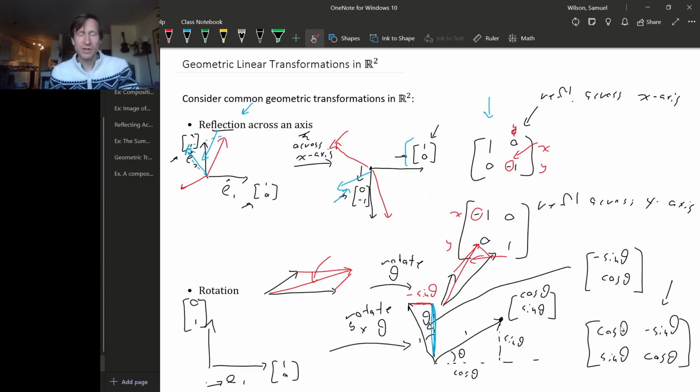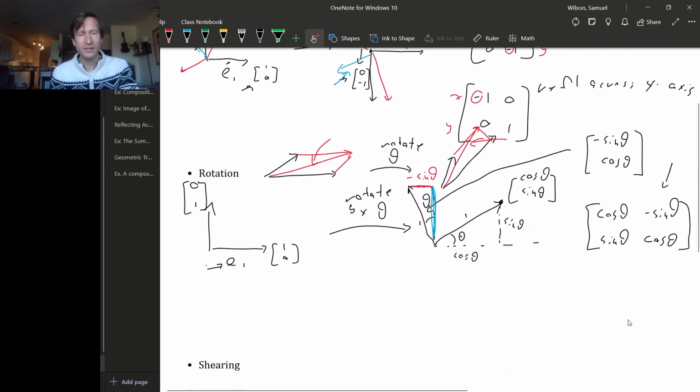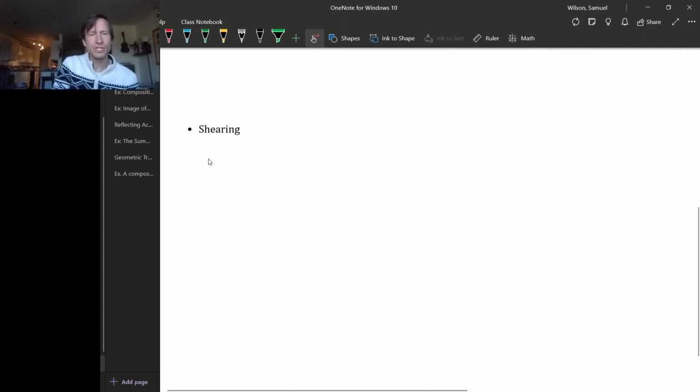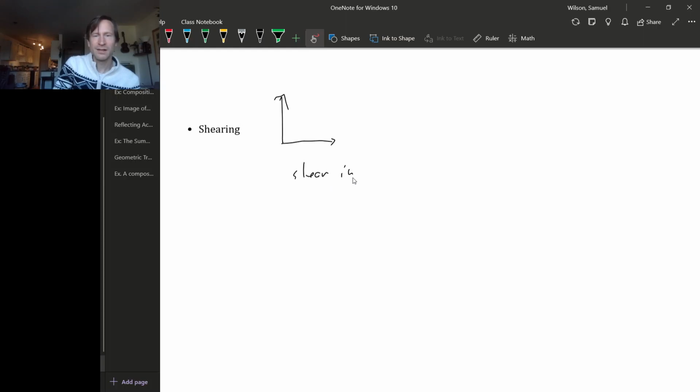There's one more geometric operation that maybe isn't as common, but turns out to be very useful nevertheless, and it's called shearing. Shearing is easier to describe in pictures than in words, so let me just draw a picture. If we have our standard basis vectors, I'm going to call this operation shearing the x-axis in the y direction by some factor, let's call it c.